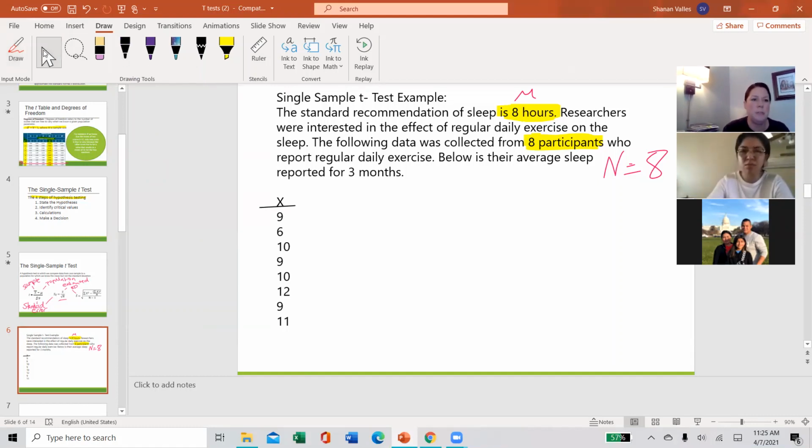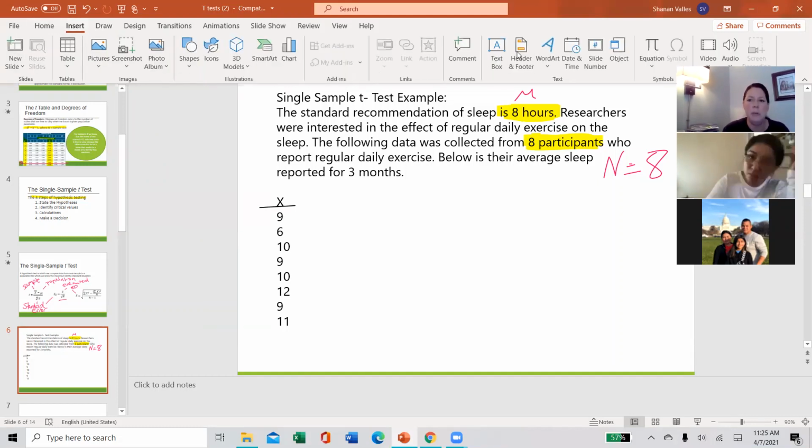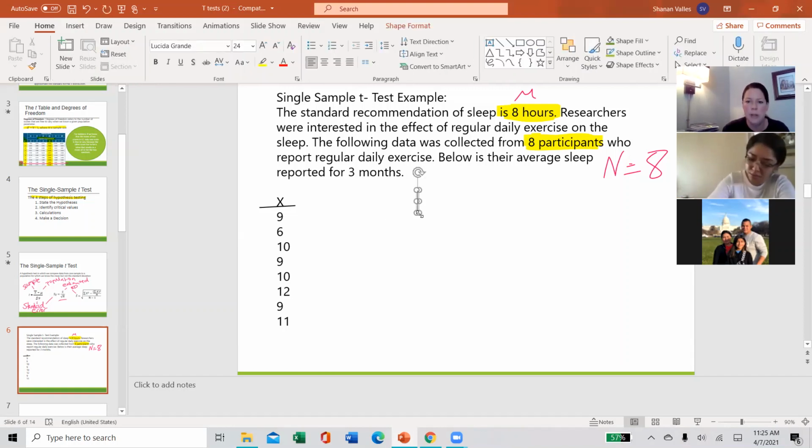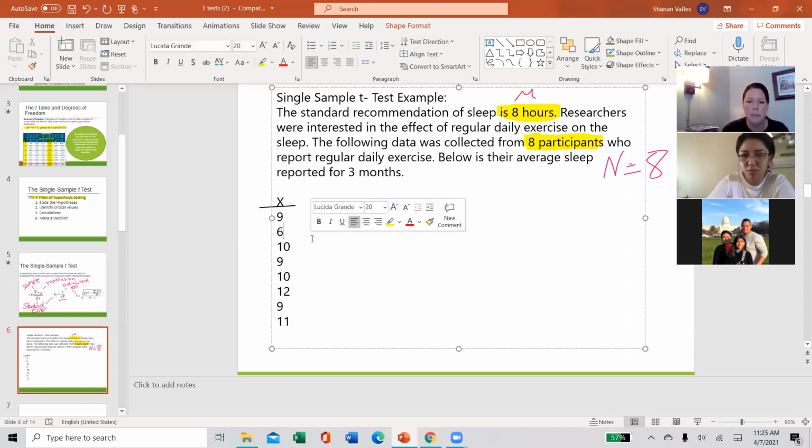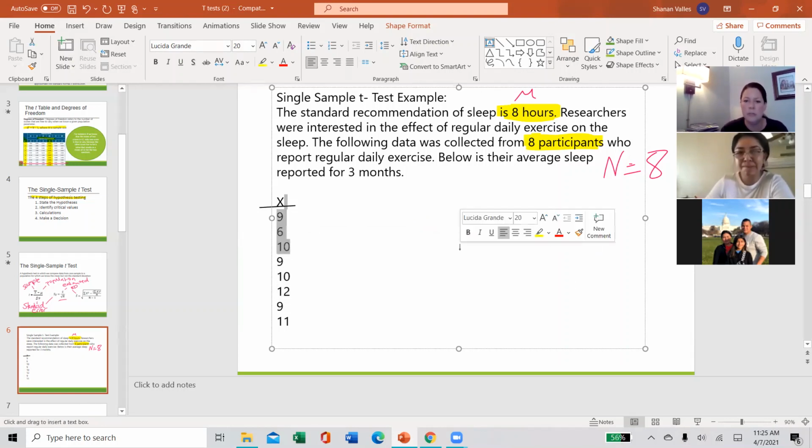So let me get back to my typing, and I'm going to put in a little text box over here, although, oops, I think I was already in a text box now that I think about it. Yeah, I am. No, stop. Though if I start typing, it's going to get all weird, huh? So I'll just do it.